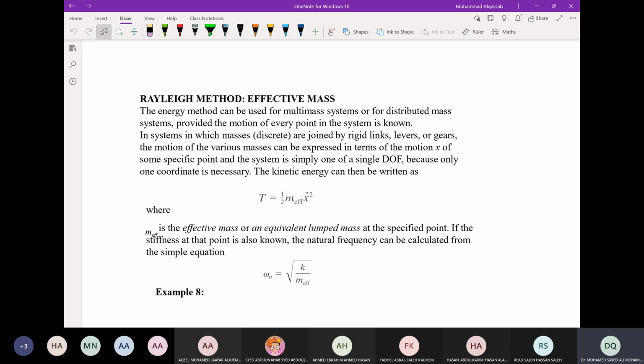The more correct equation for the natural frequency is when you consider the mass of such elements.